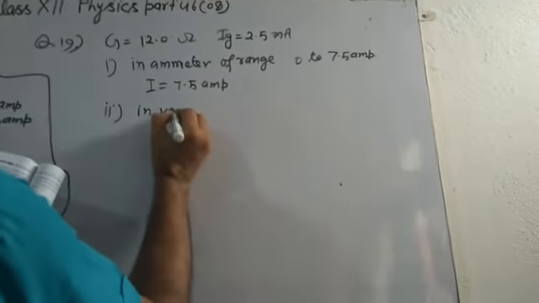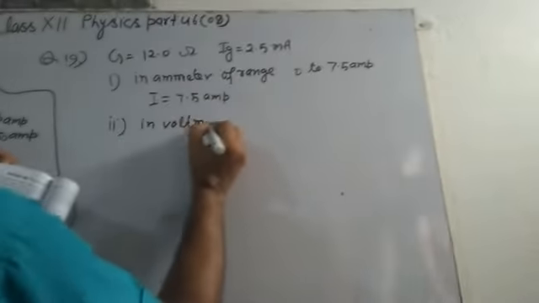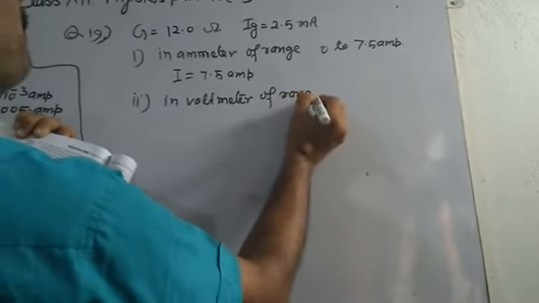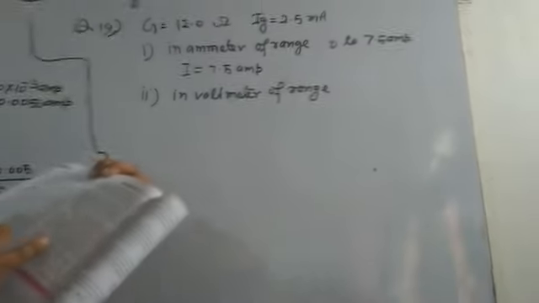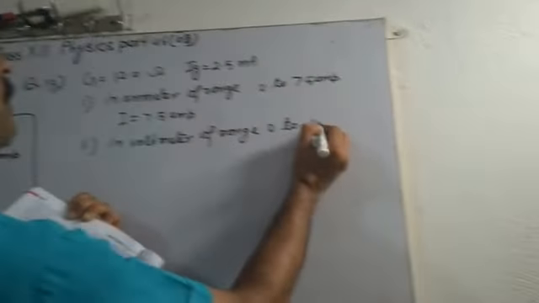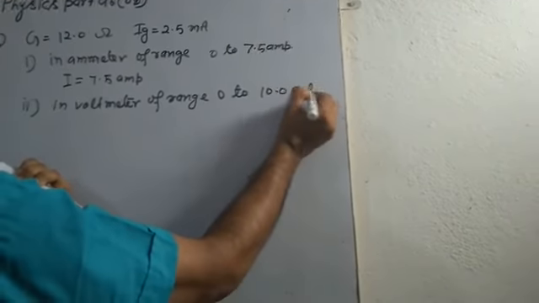Second part, a voltmeter of range 0 to 10.0 volt.